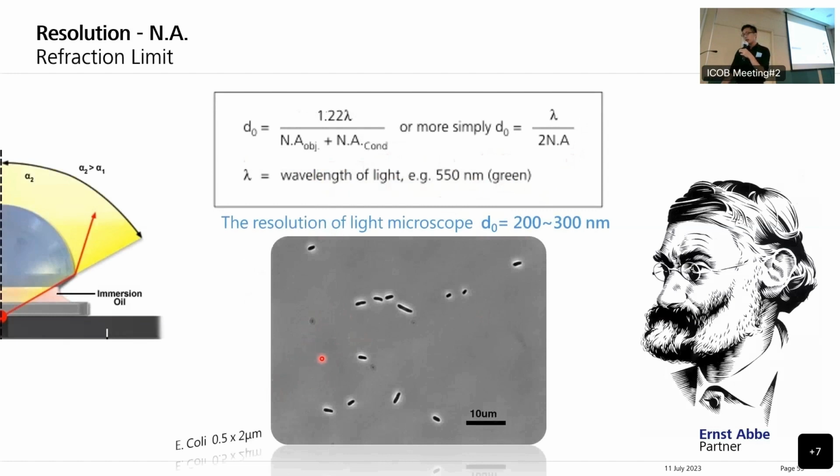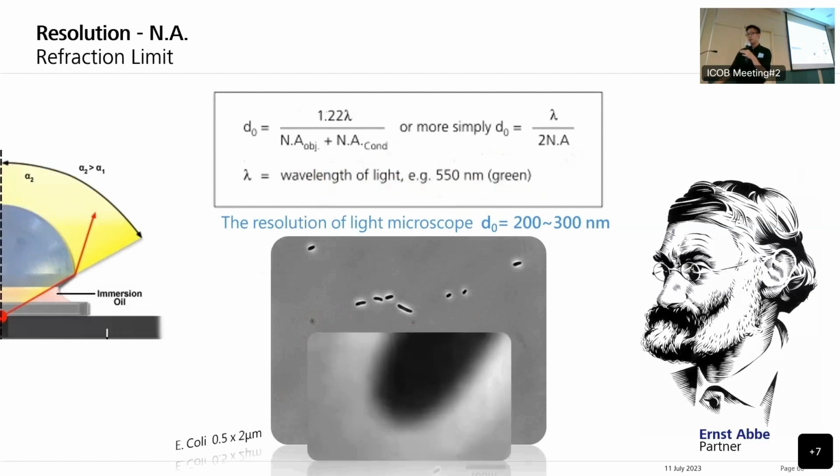We can know how many of them are in the field of view, but this is the resolution we can get if we want to see the details on the surface of the bacteria. Here you can see the edges are quite blurry, and you cannot resolve any protein complex on the surface.